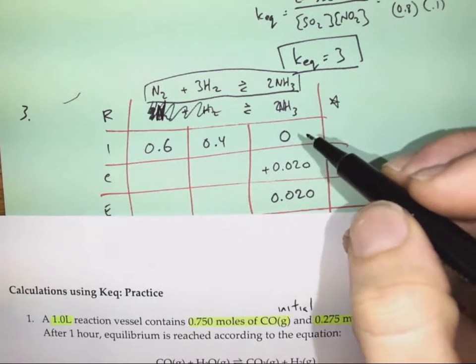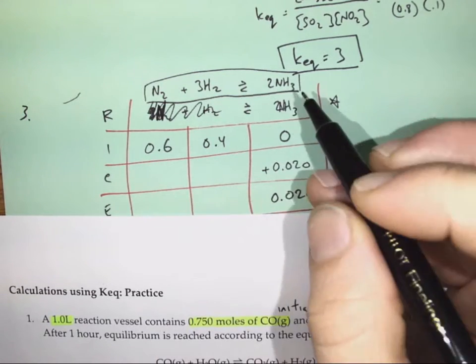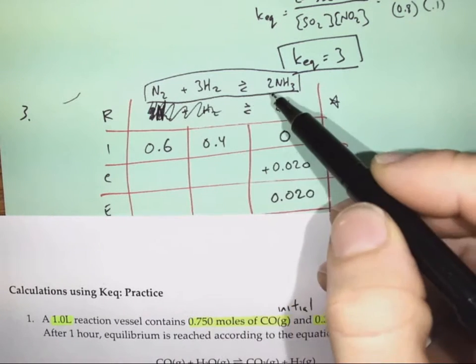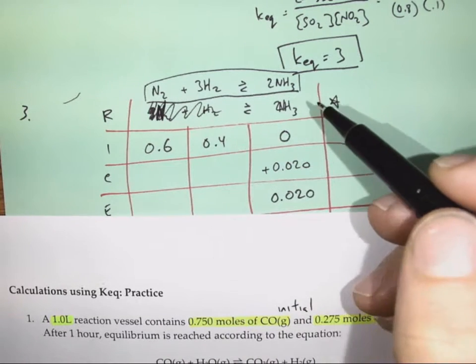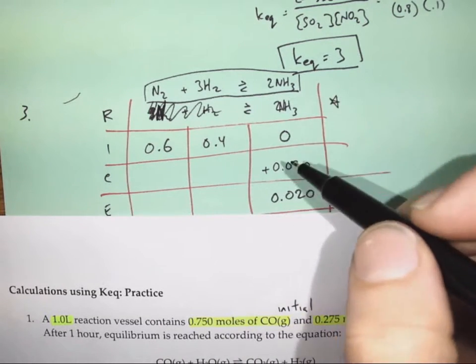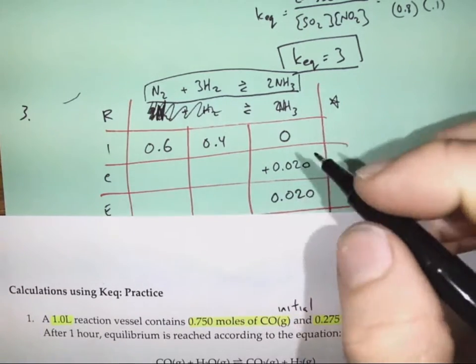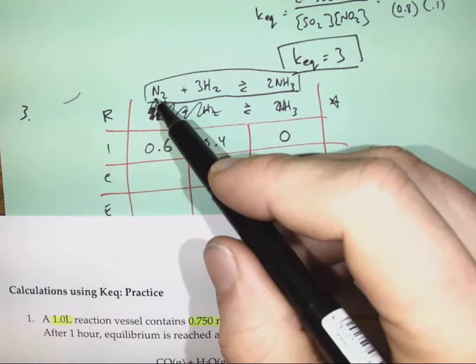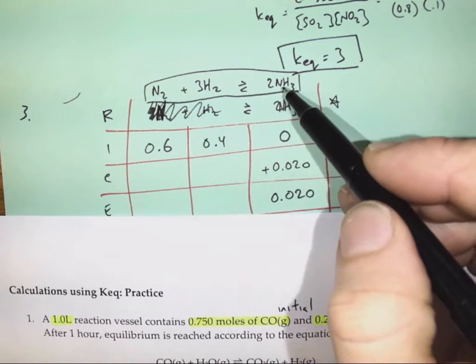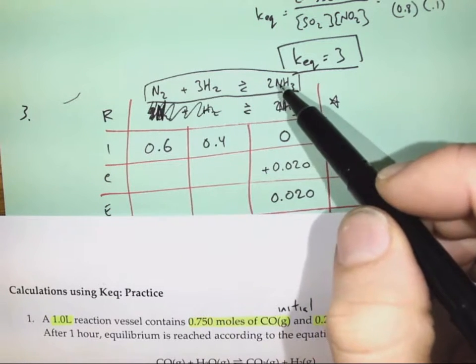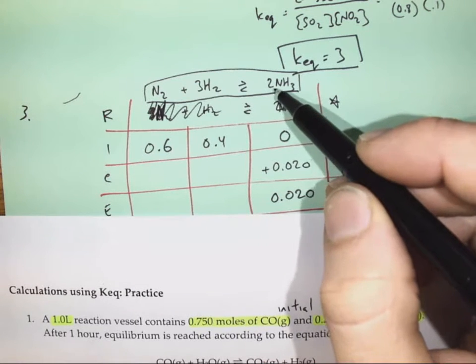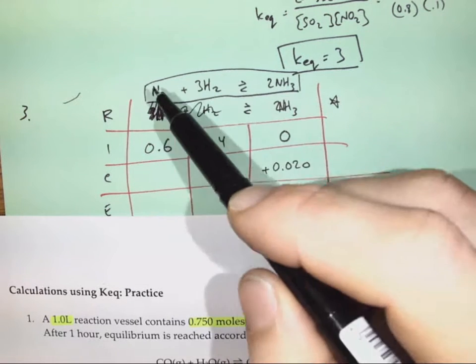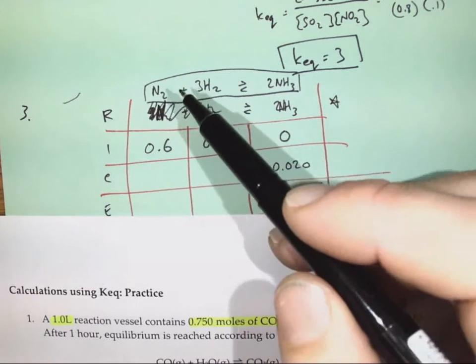Okay, so now, in that case, let's check out these molar ratios here. Oh, the molar ratios are not super friendly, but let's see what we can do. Oh, okay, good. So I can see that my molar ratio of nitrogen gas to ammonia is about 1 to 2. So if 2 moles of ammonia are produced, that means 1 mole of nitrogen gas was consumed.